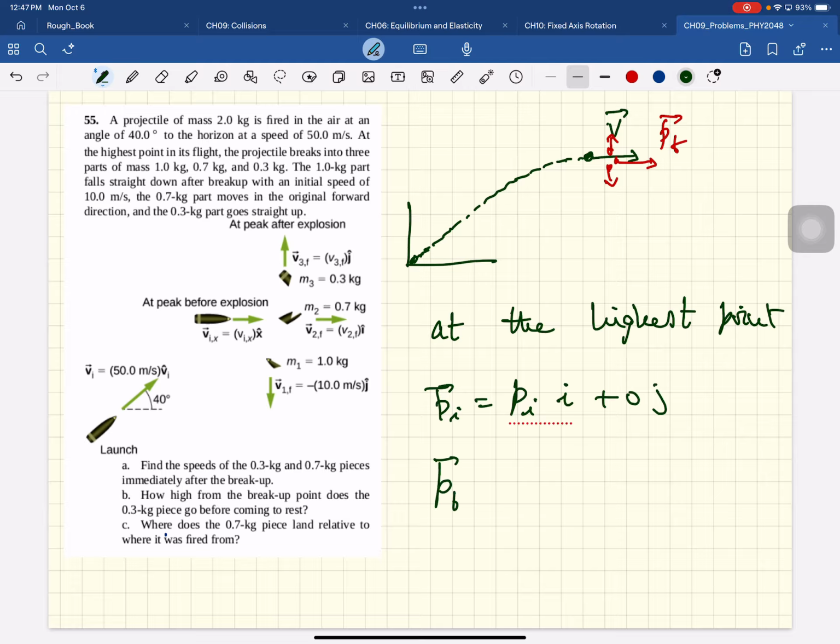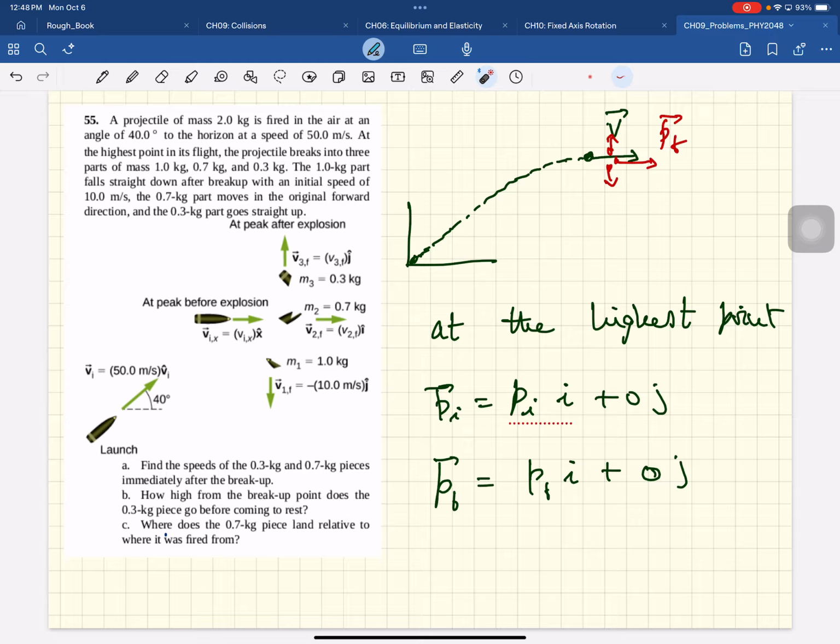And P final should also have no Y component. We are just emphasizing that fact. So the magnitude of the initial momentum should equal the magnitude of the final momentum, and only X component.